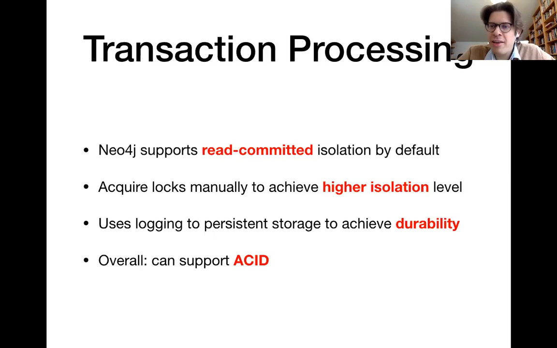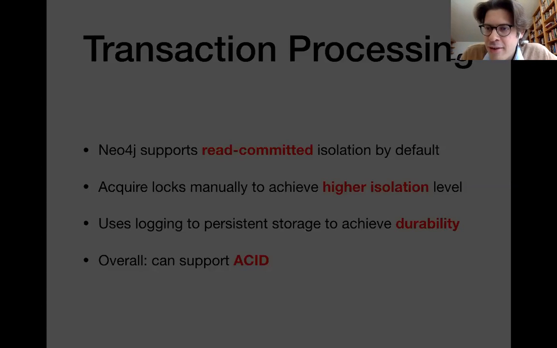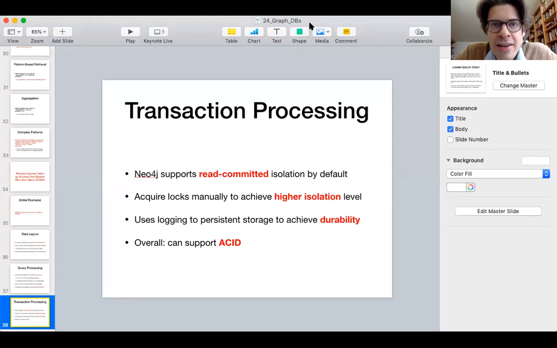So all things considered, you can have ACID transaction processing with this system. So this is a very high-level overview of the system. Now, let's make a few more examples, perhaps this time for a different database.